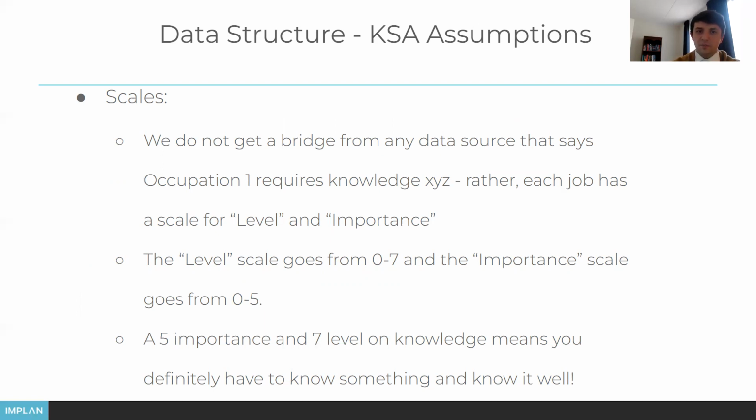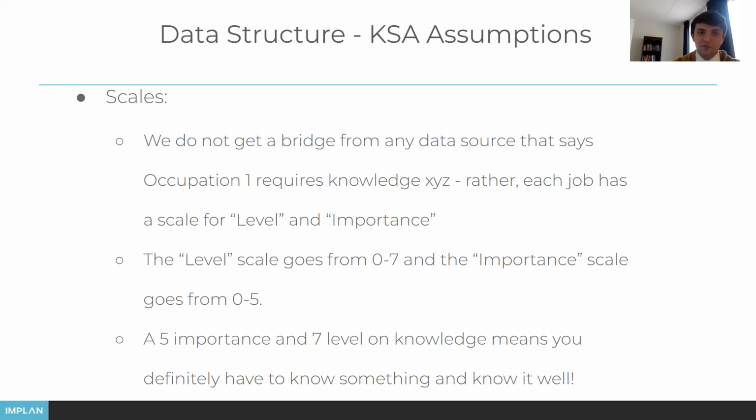These basically can be interpreted as the degree to which you have said KSA and the importance of having that KSA for the associated occupation. The level scale goes from 0 to 7 and the importance scale goes from 0 to 5. So a 5 importance and 7 level scaling for a piece of knowledge, for example, would mean that for a specific occupation, you would really have to know something and know it to a really in-depth degree.